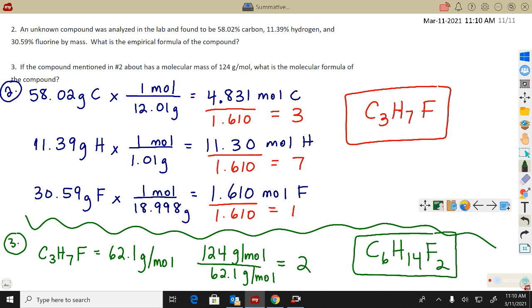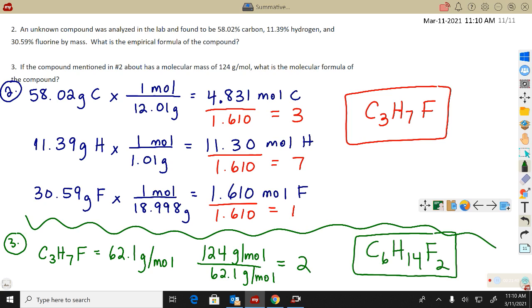From there, after I got my little empirical formula, in part 3, we were looking for the true mass of the molecule to be 124 grams per mole. Well, when I found the mass of my little empirical formula, I only got about 62, which tells me that the true formula should be twice as large.